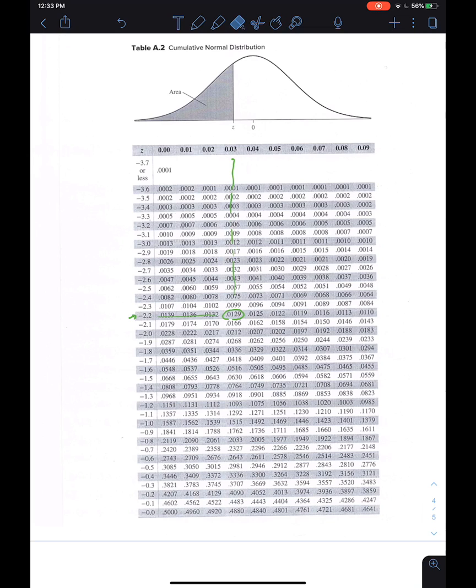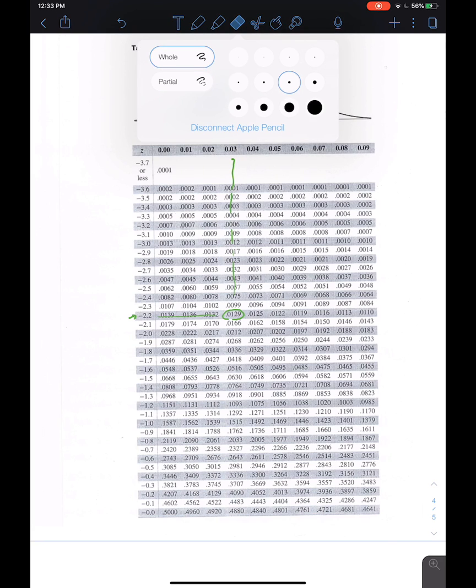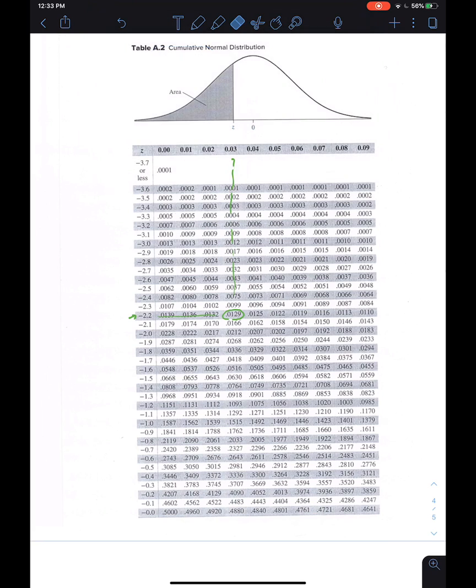Let me erase this other stuff. It's kind of in our way. Okay. Once again, the area is 0.0294. And can I find it? Having difficulty.